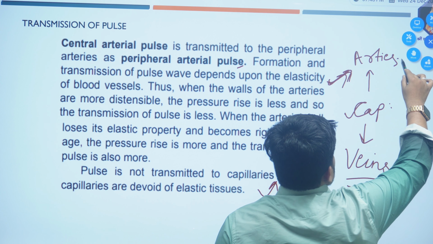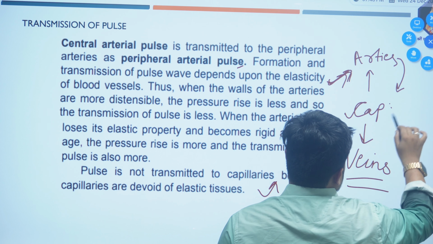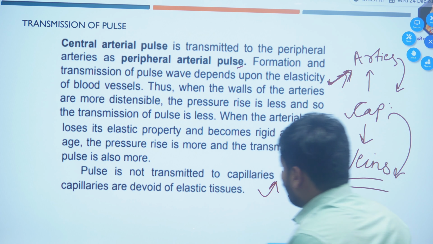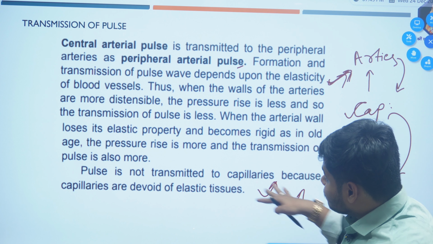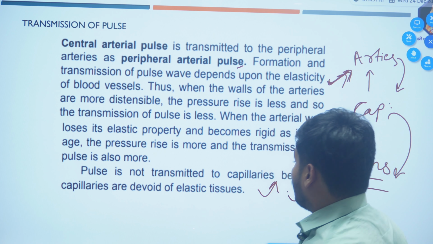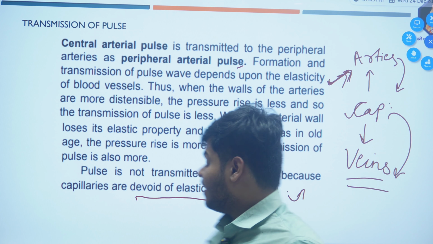Blood or any material flows from arteries to the capillary and from the capillary towards the veins. Am I right? So the pulse is not transmitted through capillaries. Why is it not transmitted to capillaries? Because capillaries do not have elastic tissues, right?